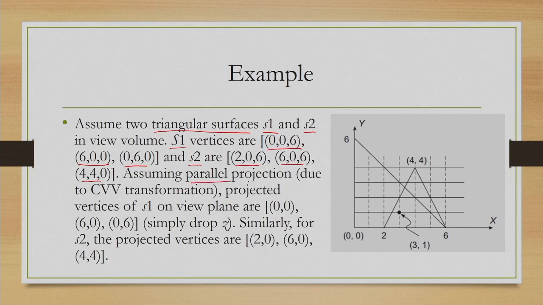As before, we are assuming parallel projection due to canonical view volume transformation, and also we can derive projection points or the projected vertices of S1 and S2 on the view plane to be denoted by these vertices shown here, which essentially we can obtain by simply dropping the z component. Now, this is the situation shown in this figure.